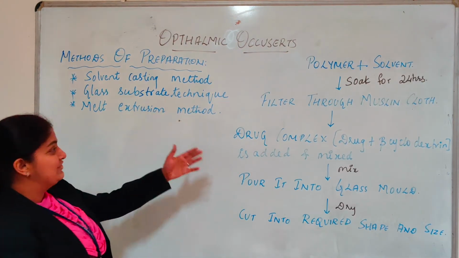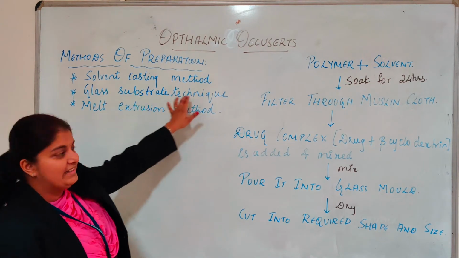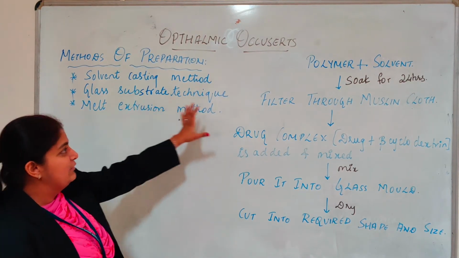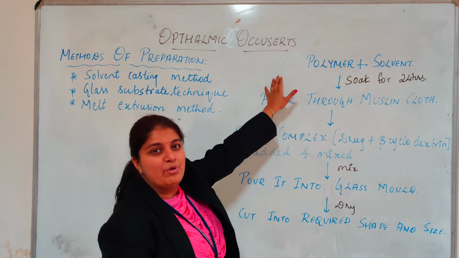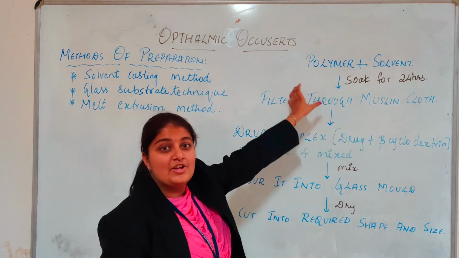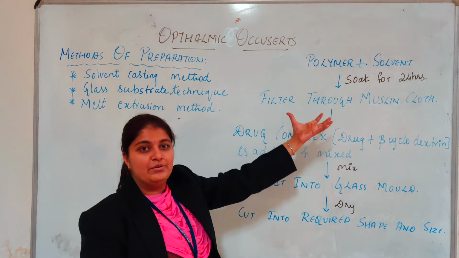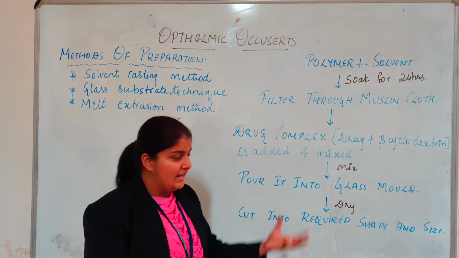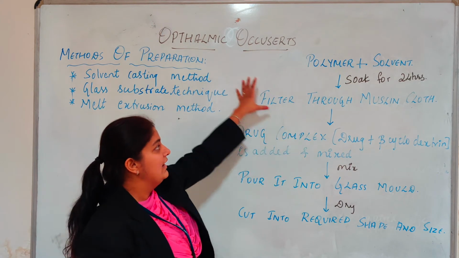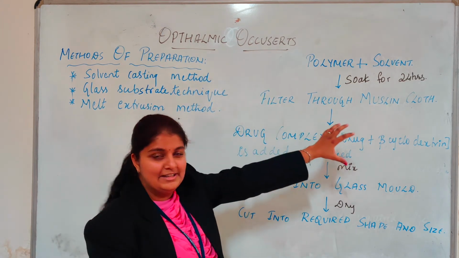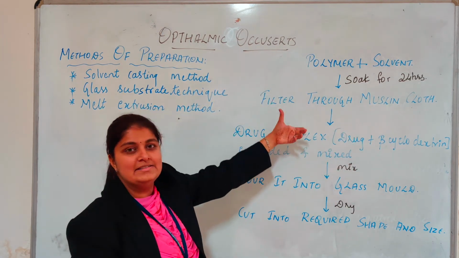The second method we will be discussing is the glass substrate technique. What we do here is we take the polymer and add solvent. As we know, we are taking high molecular weight polymers, so when we soak it for 24 hours, they start swelling in the presence of the solvent. Once we soak it for 24 hours, we filter it through muslin cloth so that the excess solvent is removed.